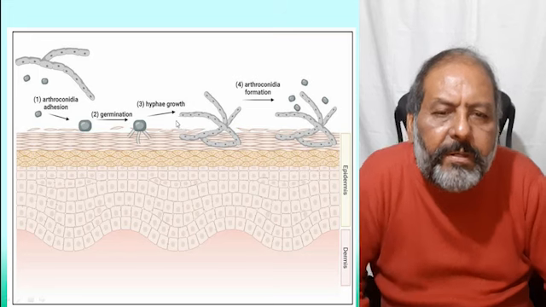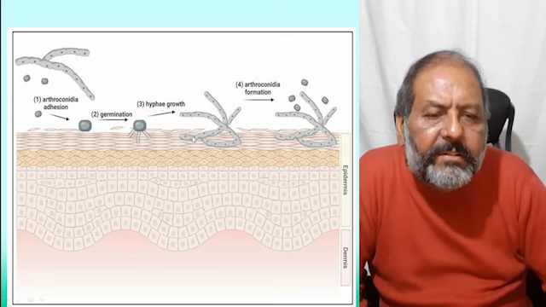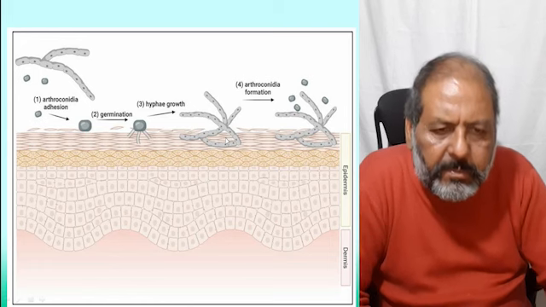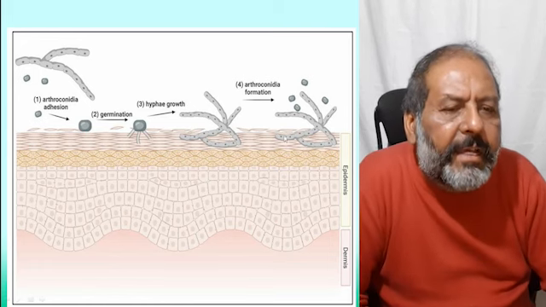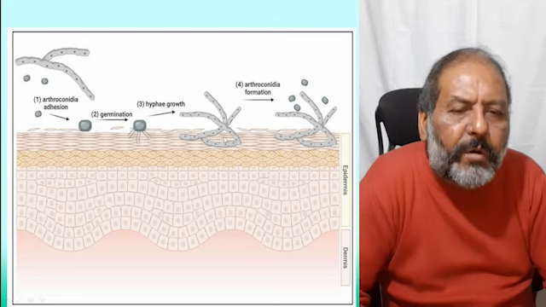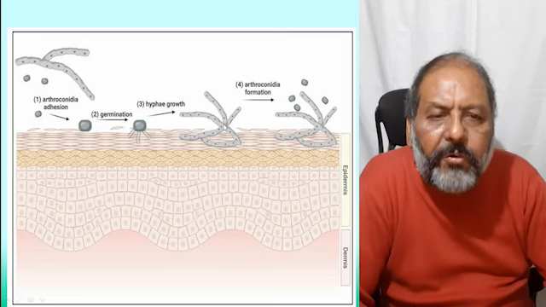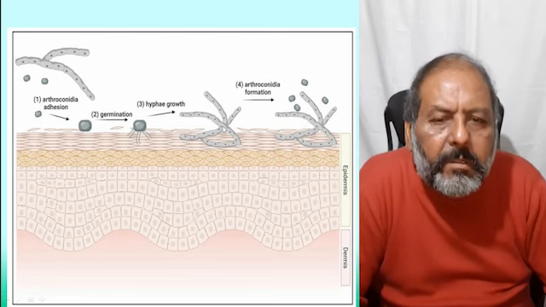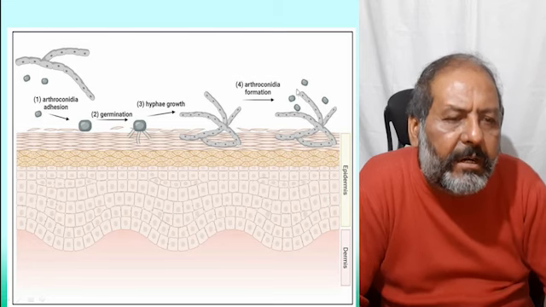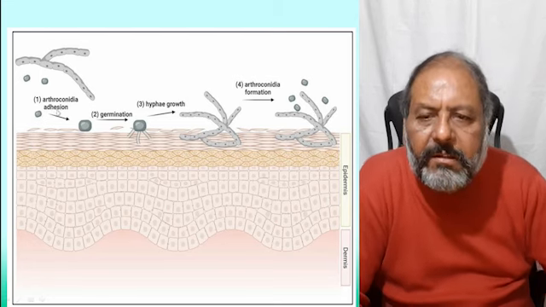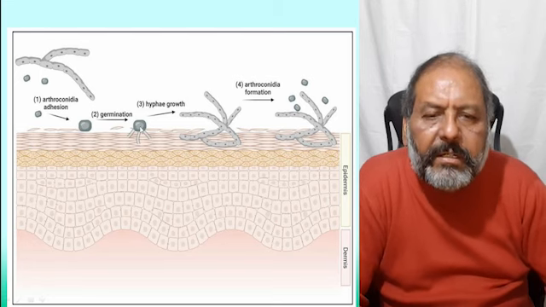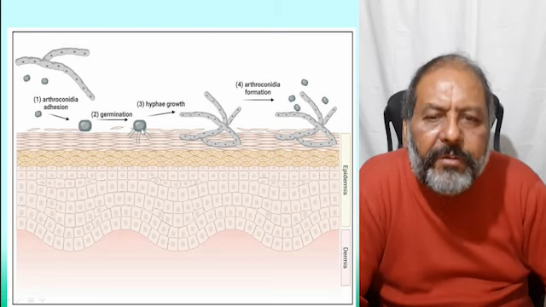These hyphae grow and invade the epidermal layer, and then there is arthroconidia formation again from these ripened, full-fledged hyphae. These arthroconidia are capable of growing and making the hyphae formation.